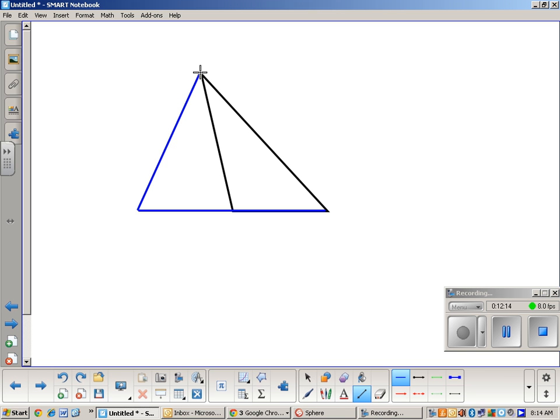Something like this probably. And did they tell me this angle right here? Yeah, it's 59.